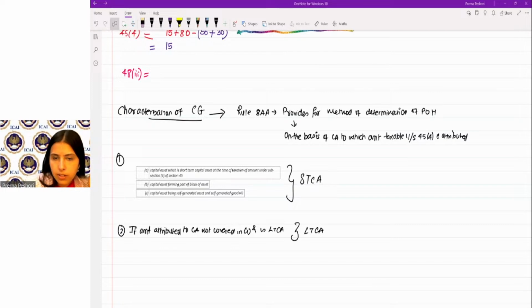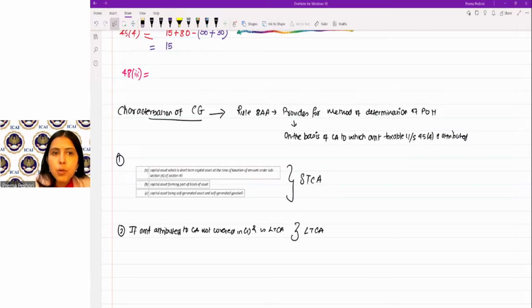What we are looking into is the asset to which the amount is attributed. We are not looking at the characterization of the capital asset through which the money was given, but at the capital asset to which the amount is attributed.